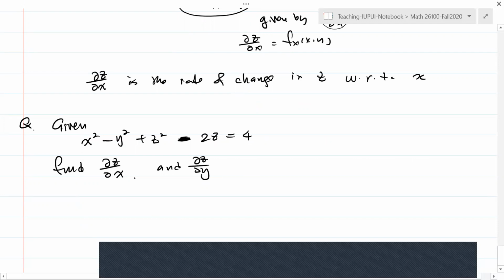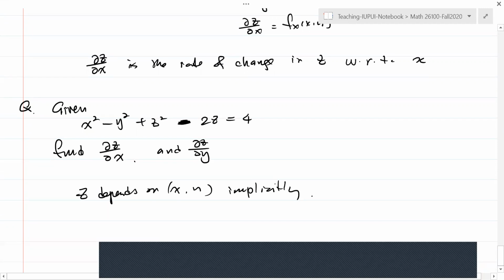So how do I do that? Well, z depends on x and y implicitly, by the above formula.